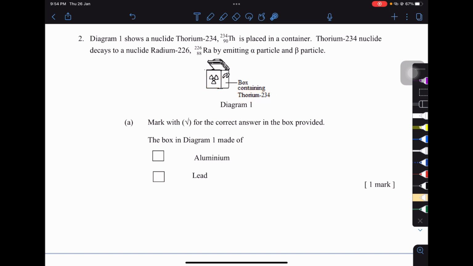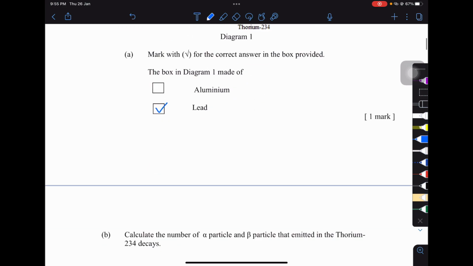You know that radioactive substance must be kept in a thick container. If it's not thick, then we need to have lead.